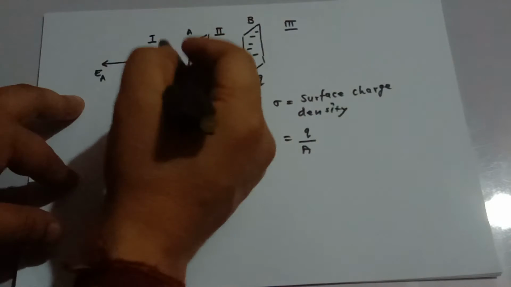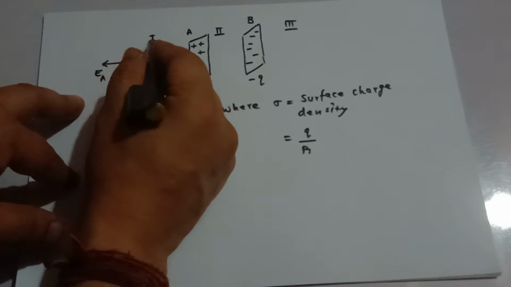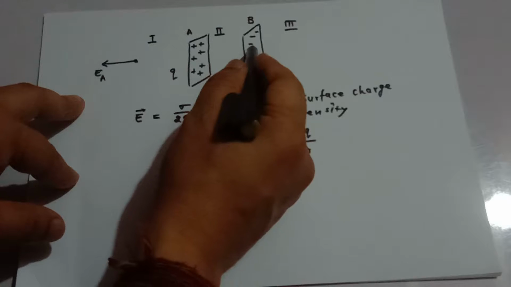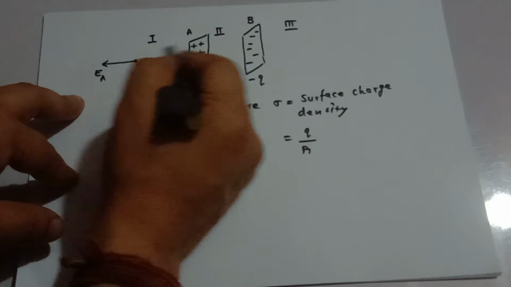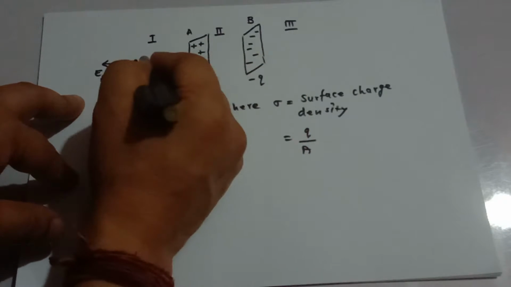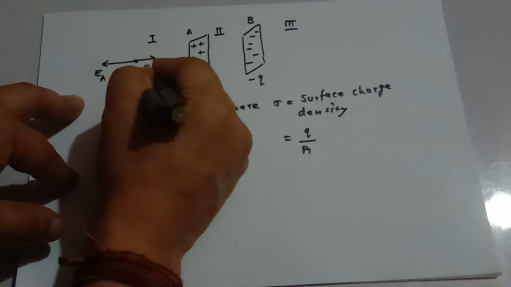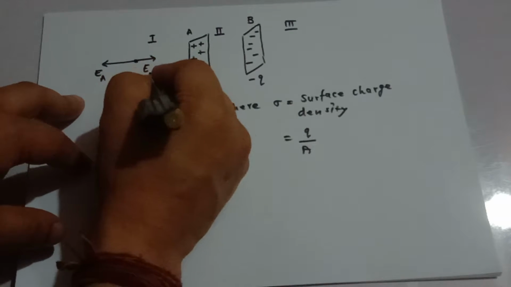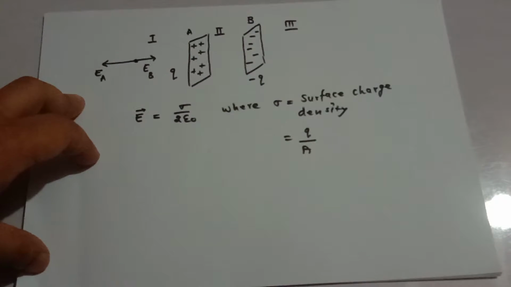Similarly, if you try to calculate the electric field in the first region, because of this negative sign, it would be towards this, so that should be in this direction. So the electric field here should be EB.